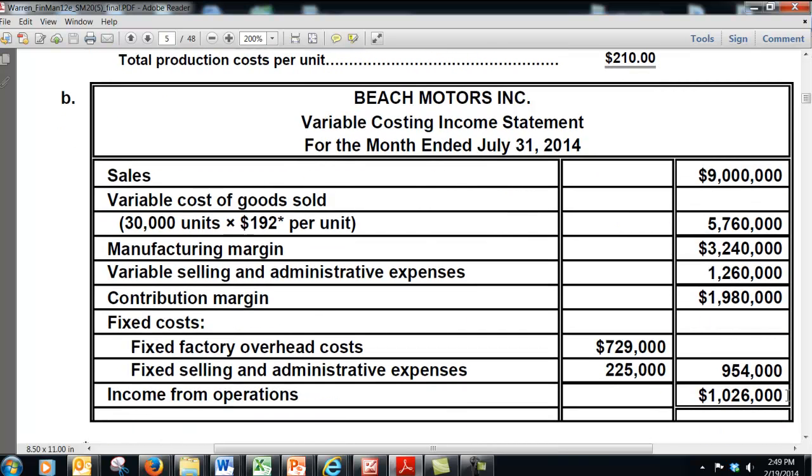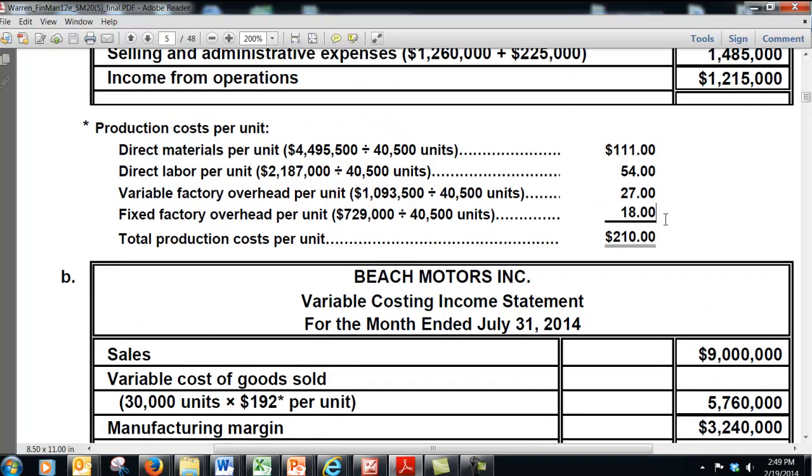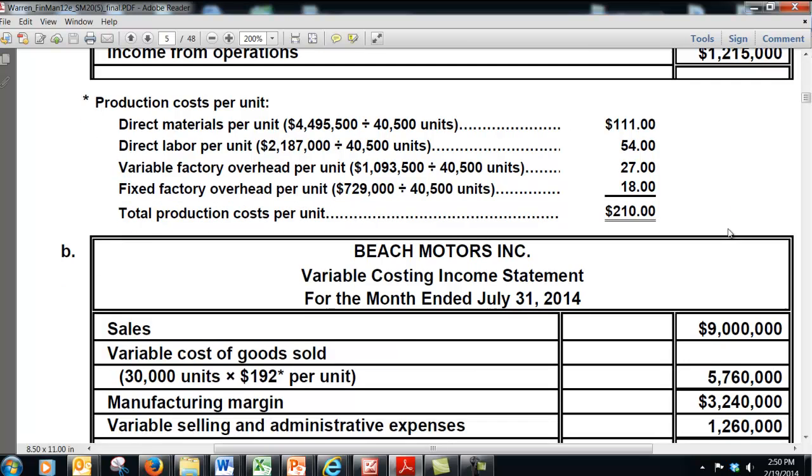Ta-da! Magic, right? Let's work this legitimately together, and then we'll see the difference too. But what I did there is very easy to do, and you can use it to check yourself. Look at the change in the inventory, multiply it by this per unit amount related to fixed factory overhead, and that gives you what your difference will be.